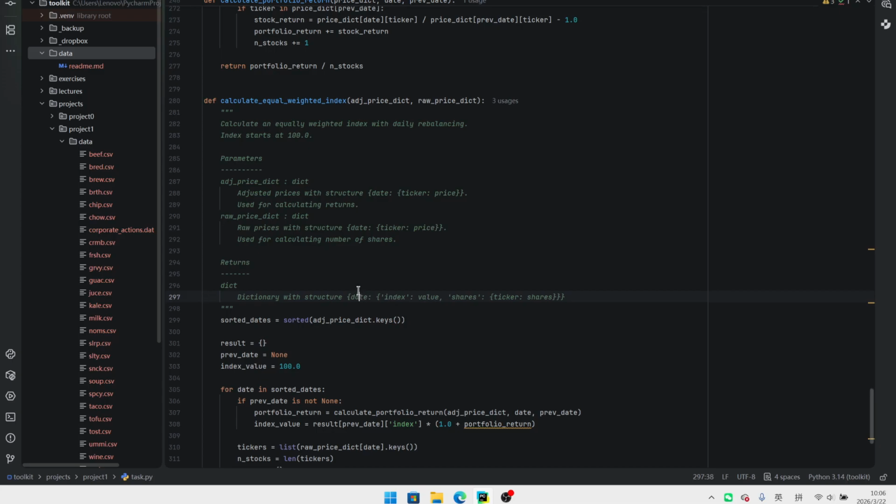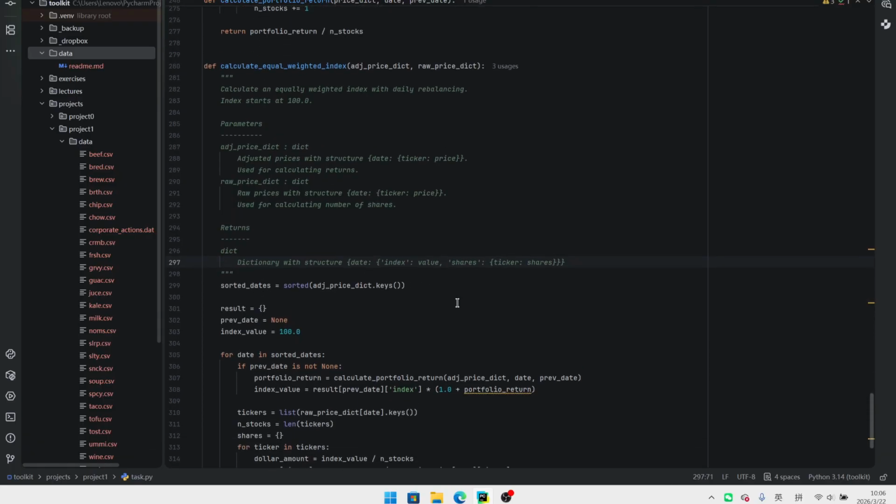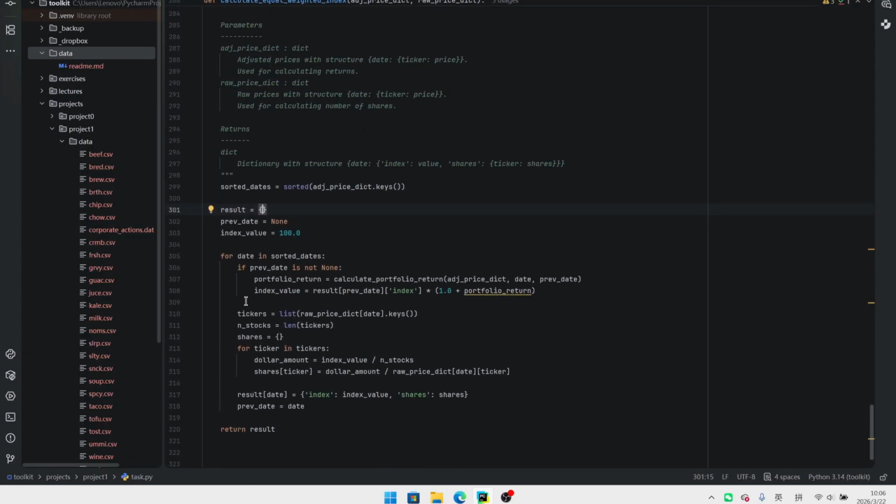So it's a dictionary containing a dictionary: index value, shares, ticker shares. Sorted date, the result is a dictionary, return the results.